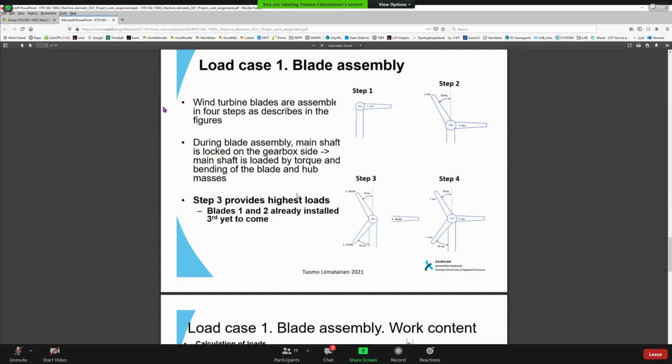Which would you think is most beneficial for you? Personally, I like the last option more. Yes, the last option, same for me.